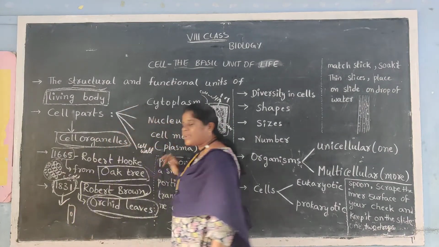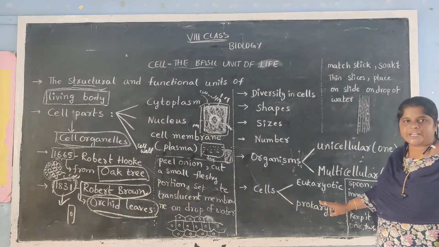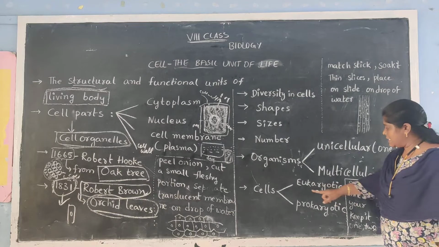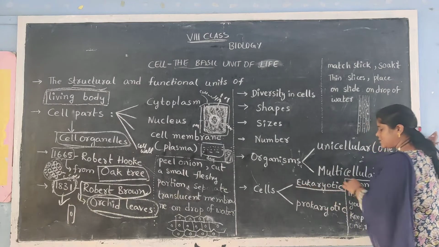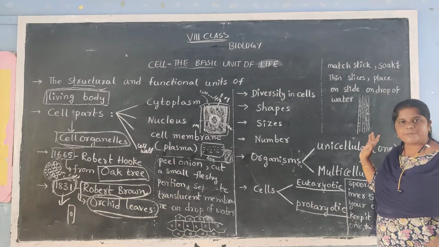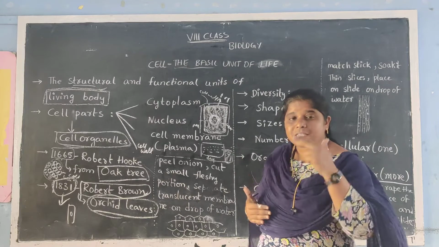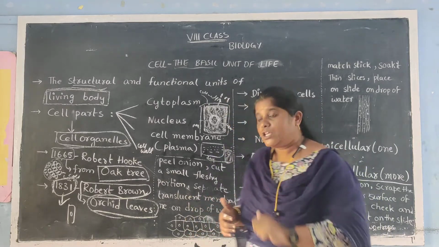Based on the presence of nucleus, there will be two types of cells. How many types of cells? Two types. One is eukaryotic cell, other one is prokaryotic cell.